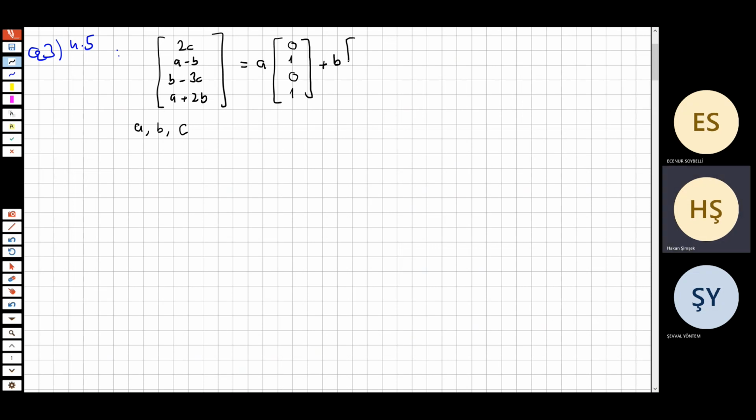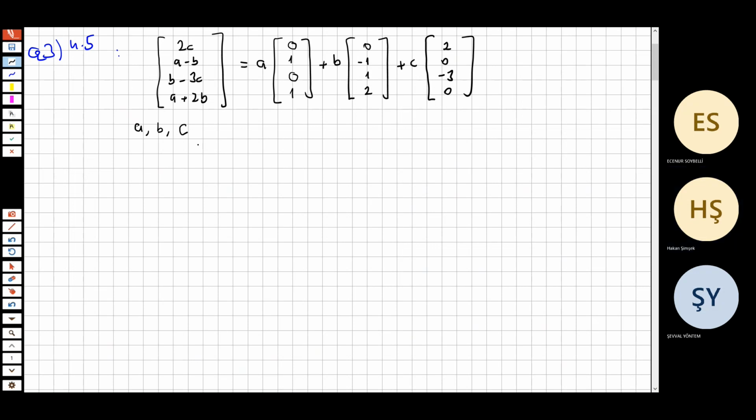For b, times (0, minus 1, 1, 2), plus c times (2, 0, minus 3, 0). Every vector in the set given in question 3 can be written like this. When you compute the right hand side, you will get the left hand side. Therefore, we have this equality.